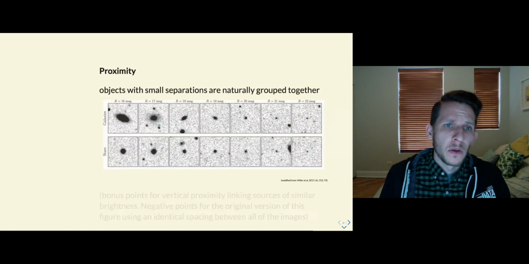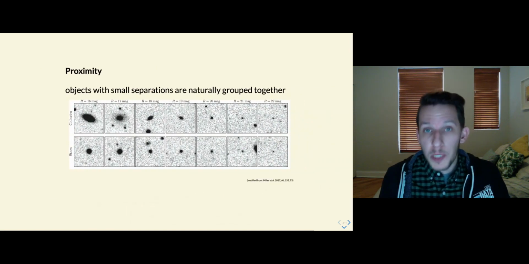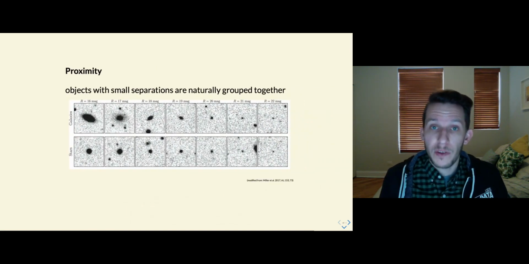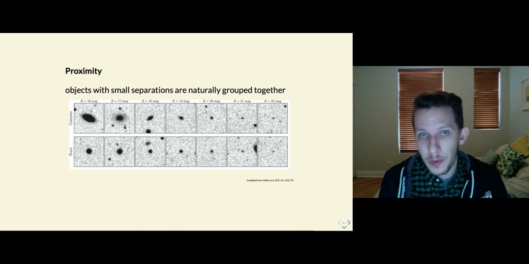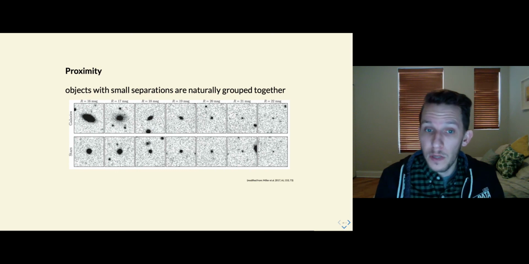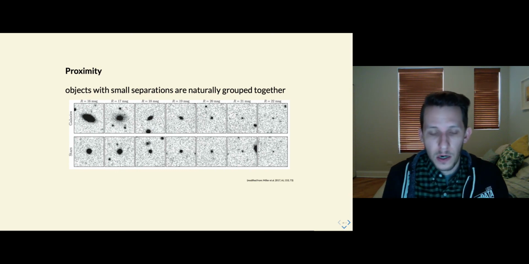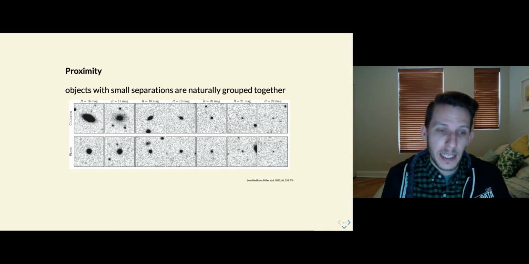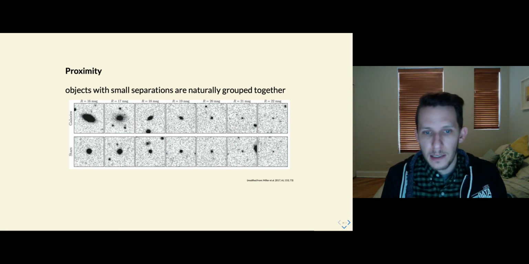Okay. Proximity. Objects that have small separations, things that are very close together, are naturally going to be grouped together. Here's an example from the paper I mentioned earlier, where I was trying to classify stars in astronomical images. You can see a gallery of example images of stars and galaxies.